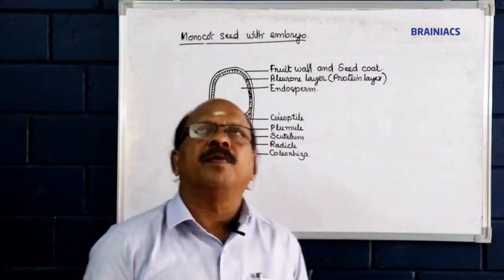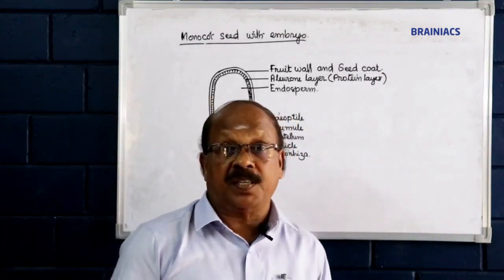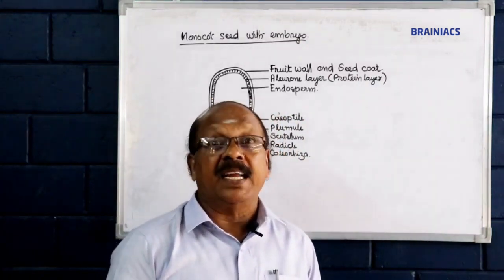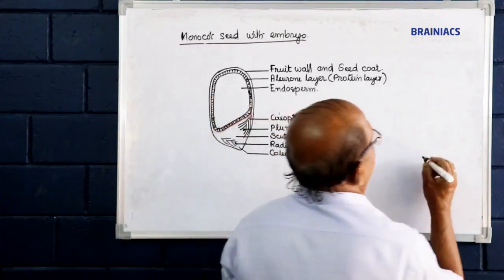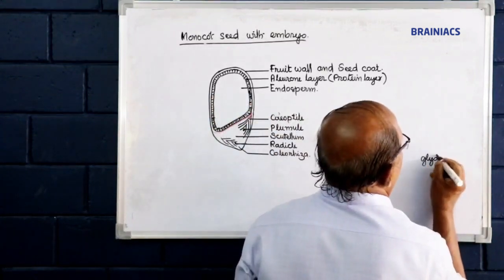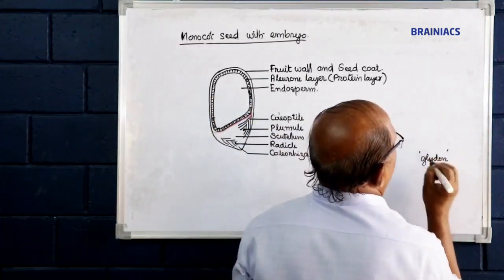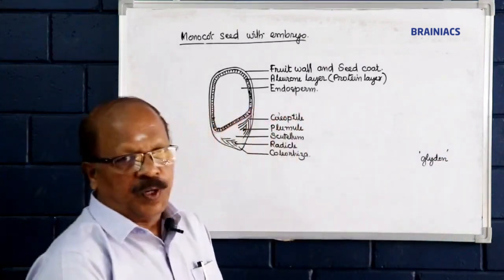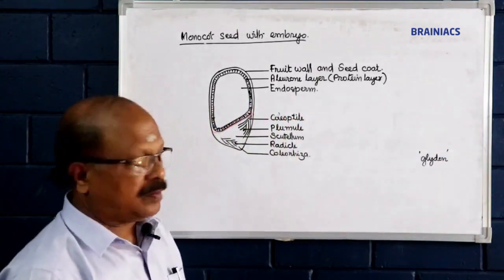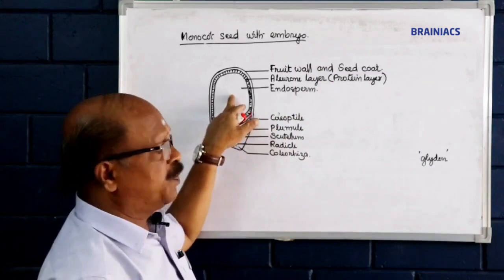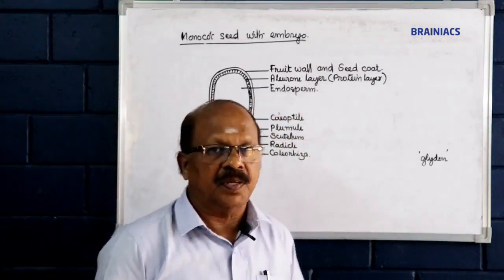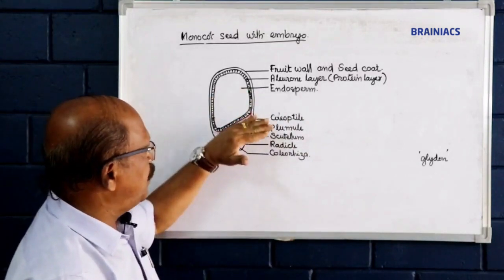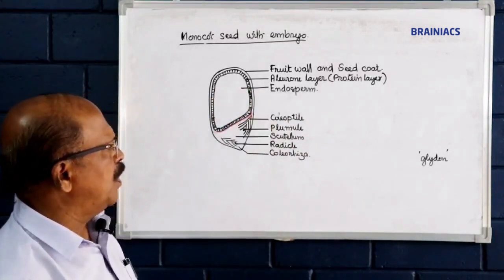The protein coat of wheat is gliadin. Remember please, gliadin. That of wheat, gliadin. Protein coat or aleurone layer of wheat is called gliadin. This is endosperm, the edible part. And embryo is shifted to one side. Monocot embryo already learned.